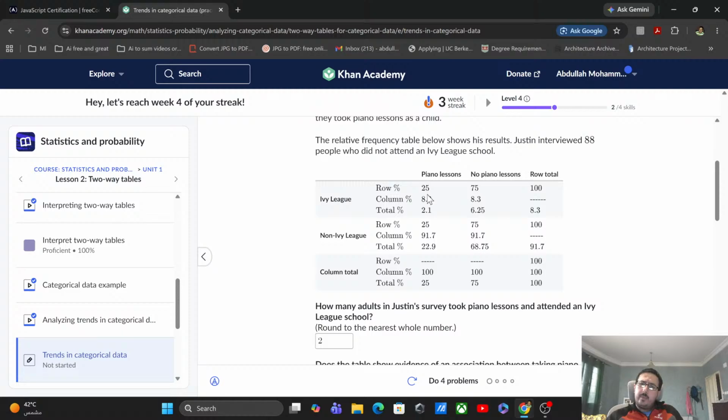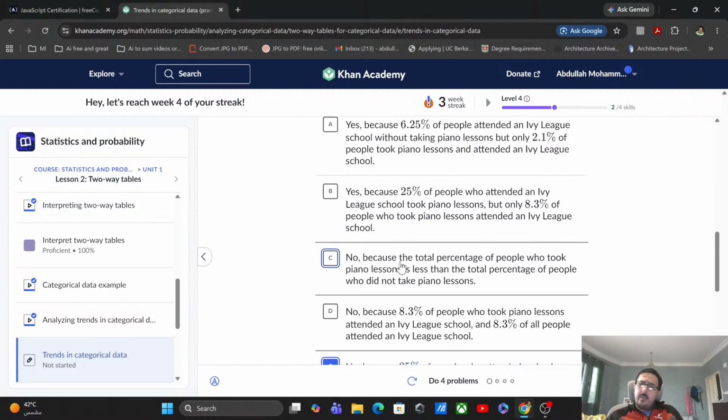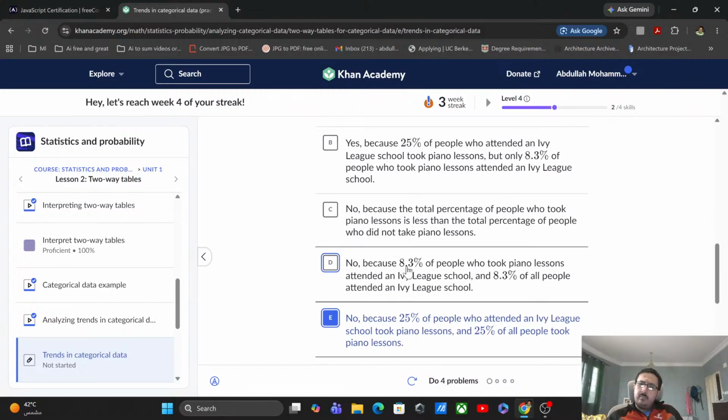It's 25%. So this is correct: 8.3 of all people attended an Ivy League school.